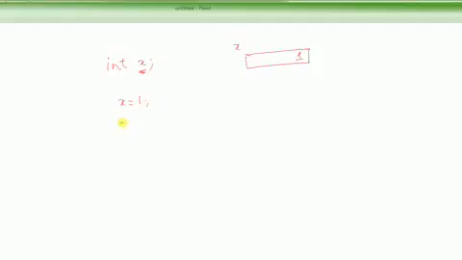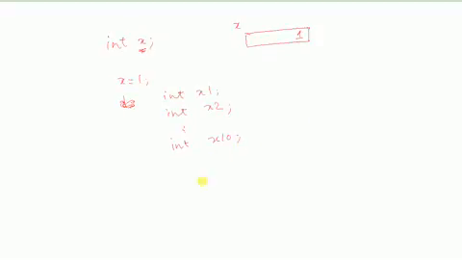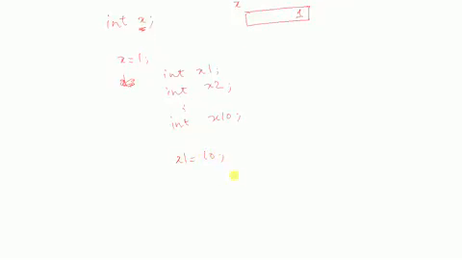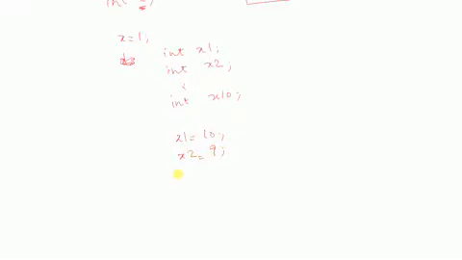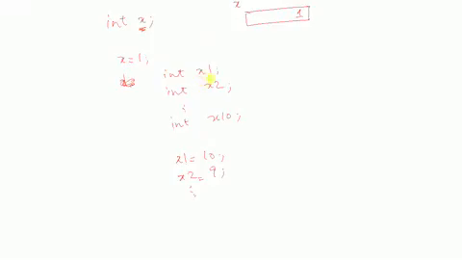So one way to do it would be int x1, and then int x2, very cumbersome, and so on to int x10, right? Very cumbersome. And then for each one of them you have to store the value, like x1 is equal to 10. One kid is 10 years old, x2 is equal to 9, is 9 years old, and so on. Okay, so it's not too practical actually.